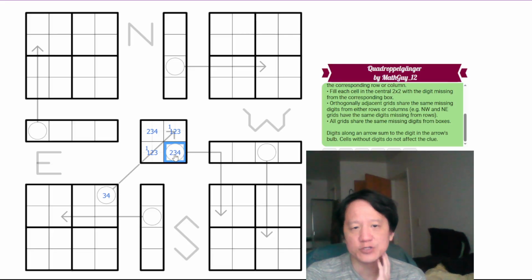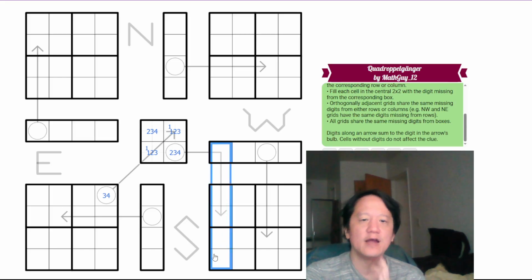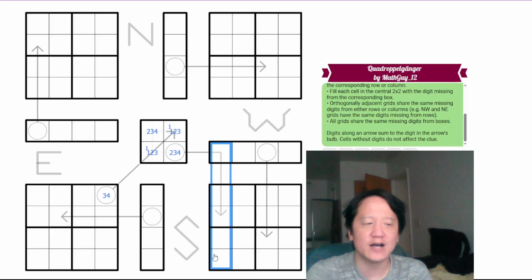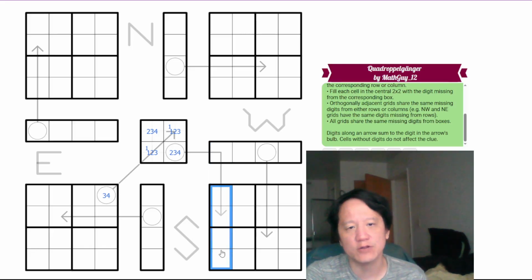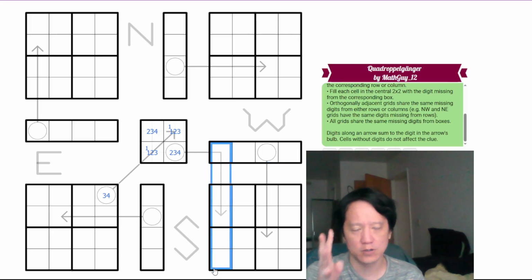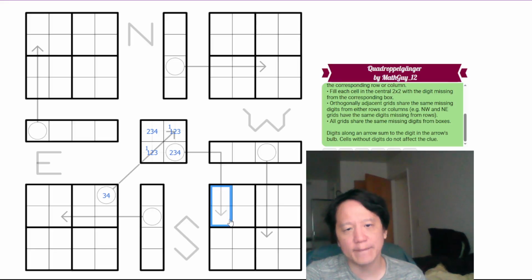Can this ever be 2? I think the answer to that is no, right? Because these are going to be 3. So every set of 5 digits in a grid, including the ones that are missing, must be the digits 0 through 4. So this is at best 0, 1, 2. This has to be 3 unique digits.